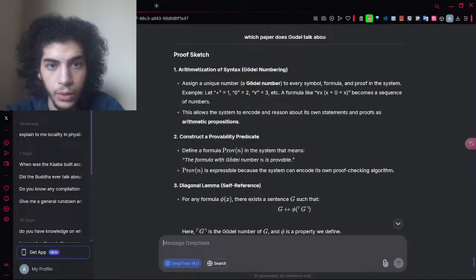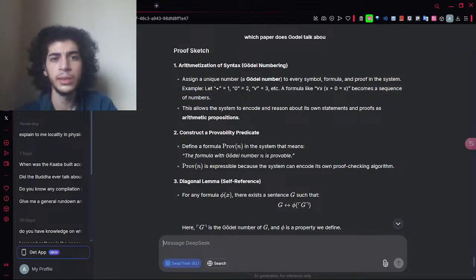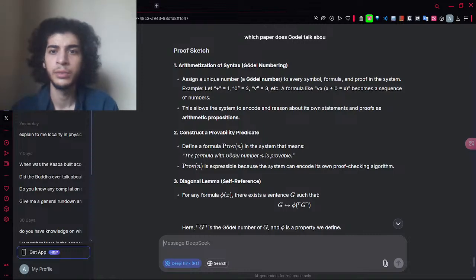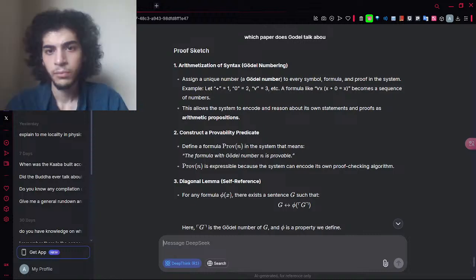Okay, so assign a unique number, a Gödel number, to every symbol, formula, and proof in the system. So we assign a number to every formula, proof, combination of anything within a system.